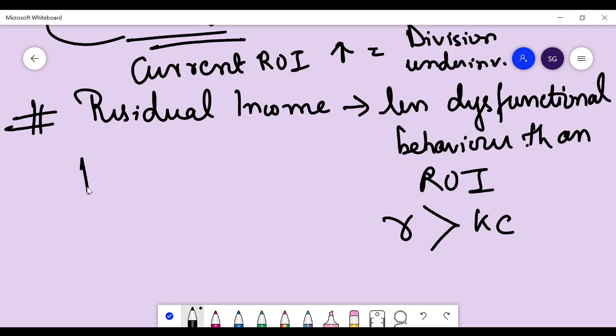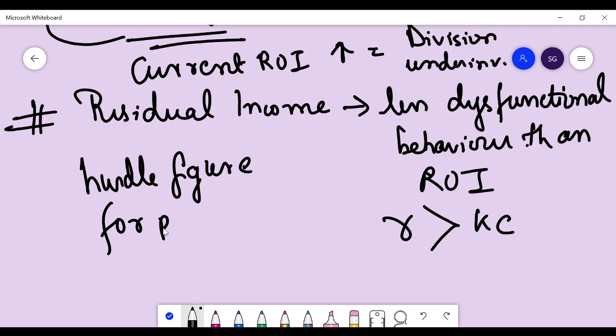It gives a hurdle figure for profit which is based on minimum required return from a division.